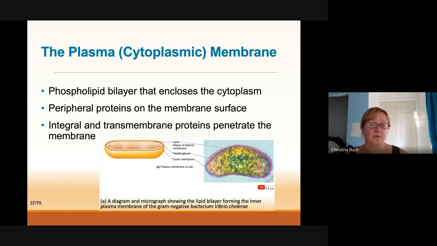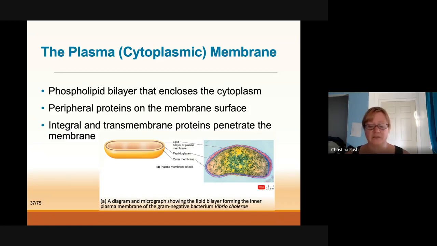It contains some peripheral proteins on the membrane surface. Peripheral means on the edge, like peripheral vision, right? And so these peripheral proteins sort of sit on the top of the cell membrane, and they can be easily detached. There's also integral and transmembrane proteins.